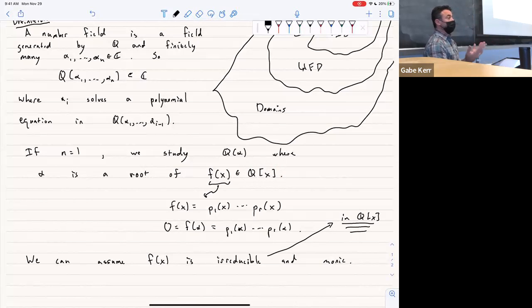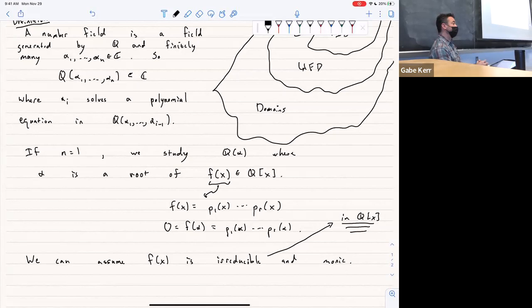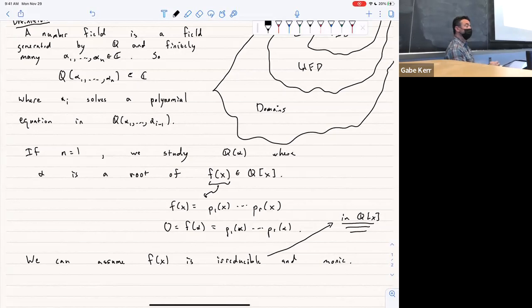If you look in complex coefficients, the only irreducibles are what kinds of polynomials? That's a question.